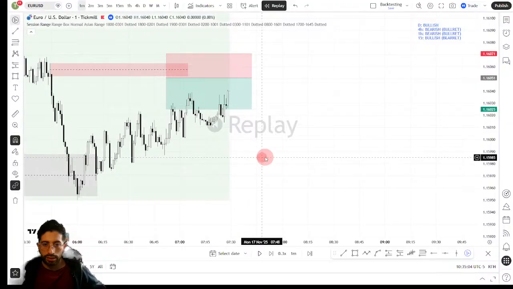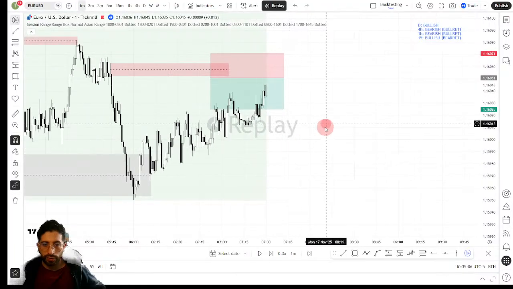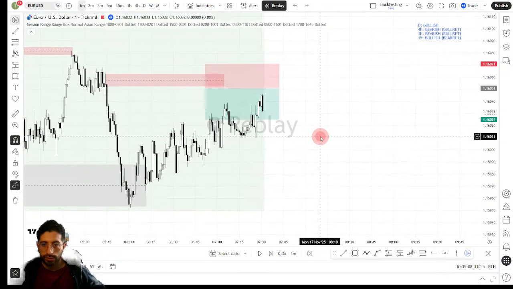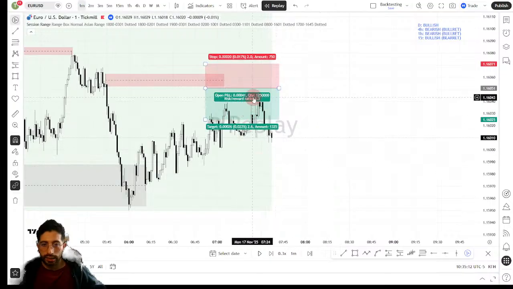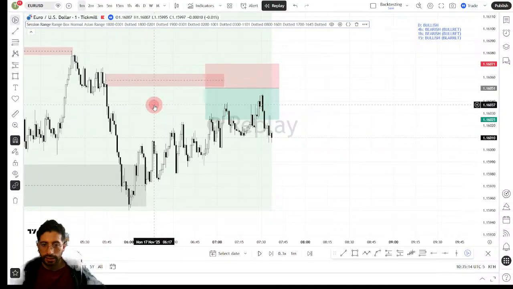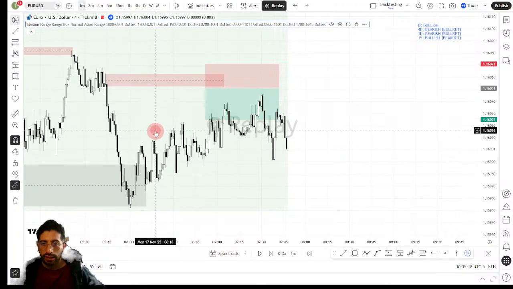Okay, patiently we wait for the price to get to the zone. Seems it gets to the zone, and now it has let us in scene. Yeah, the price has seen us. That's it.